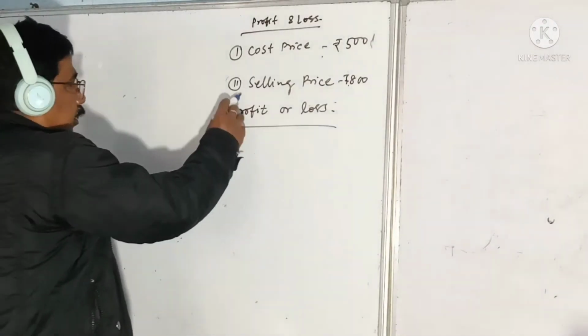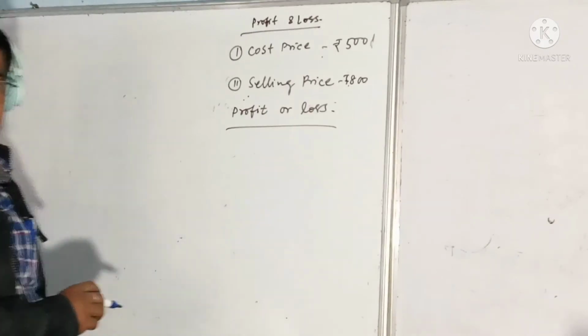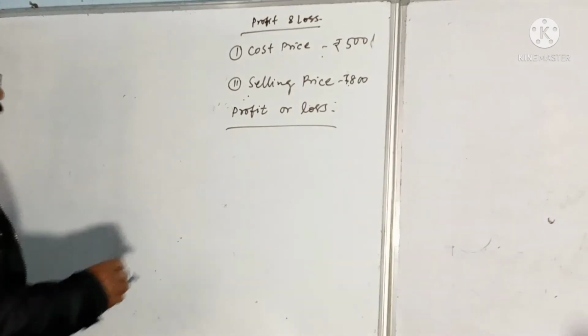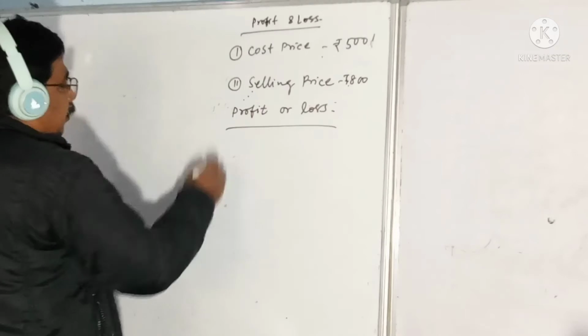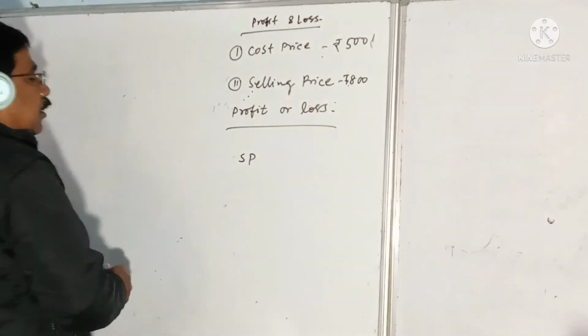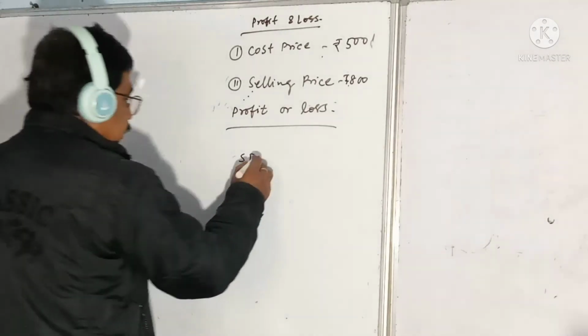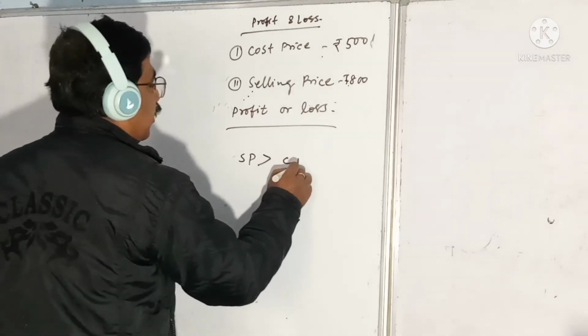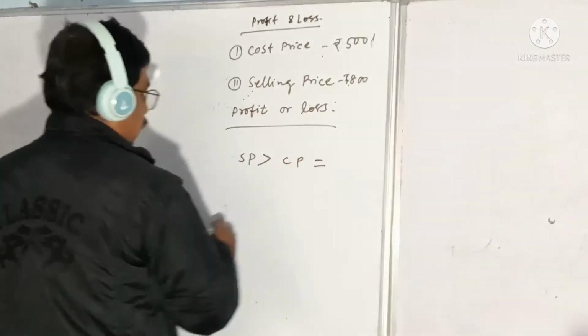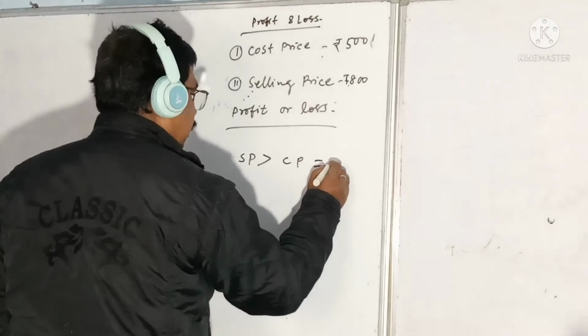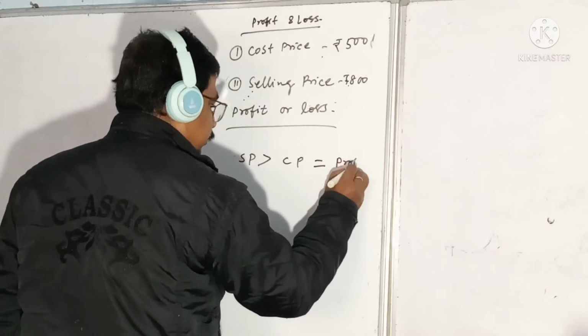Here is profit or loss. You see again, when selling price or SP is greater than CP, then there is profit.